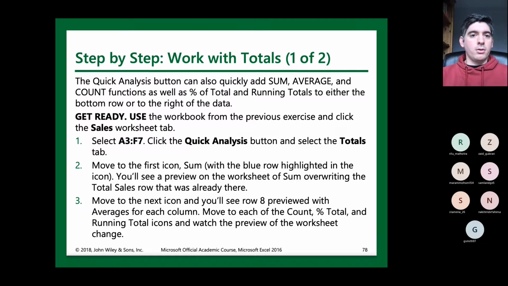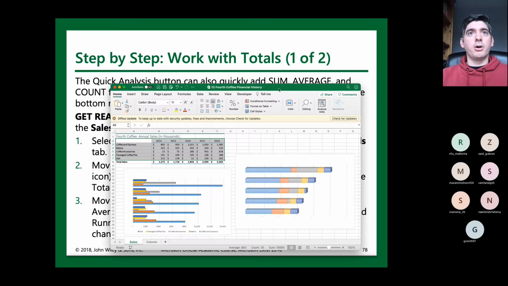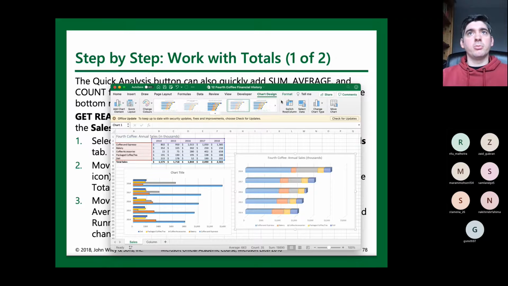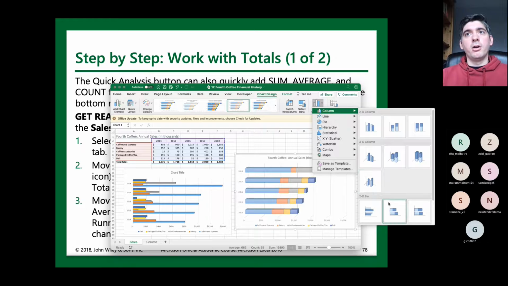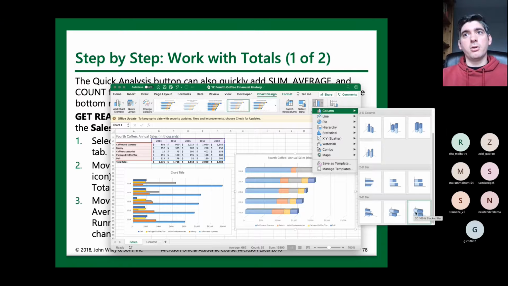Now, with the quick analysis and with lots of the chart tools, there's the option to work with the proper numbers or percentages of a whole. And easily we could see, just from a column bar chart, if we take this bar chart, for instance, and change that type, then if we were to change it to a column or bar, you can do that as a 3D bar out of a 100% stacked bar rather than just a 3D stacked bar.